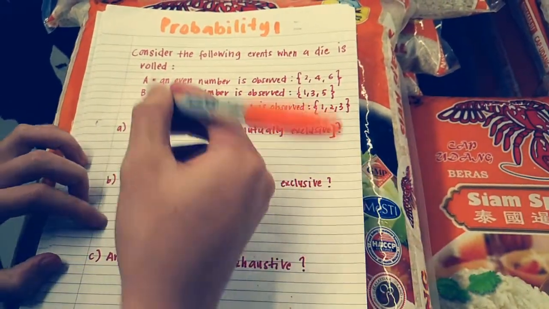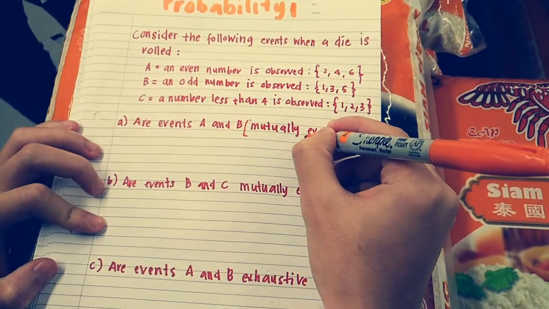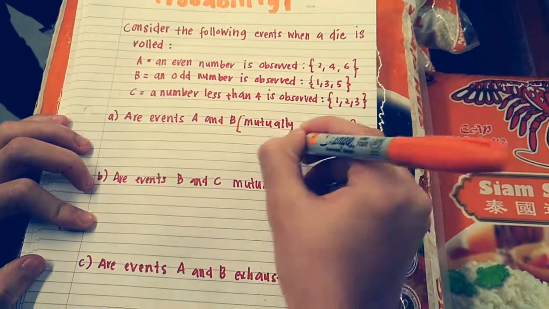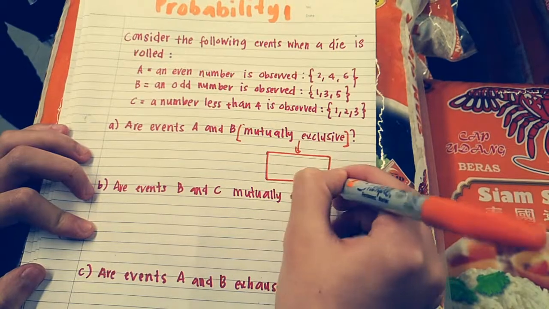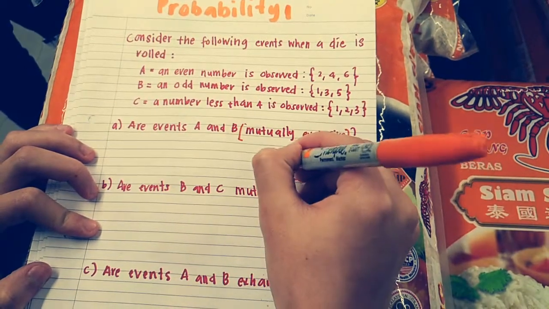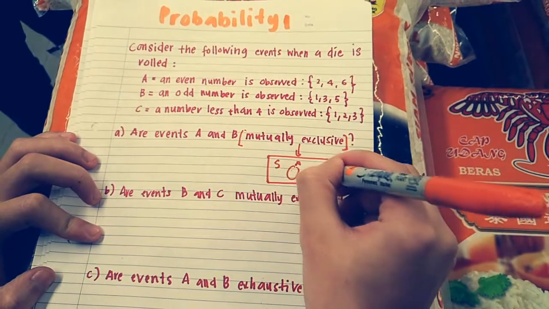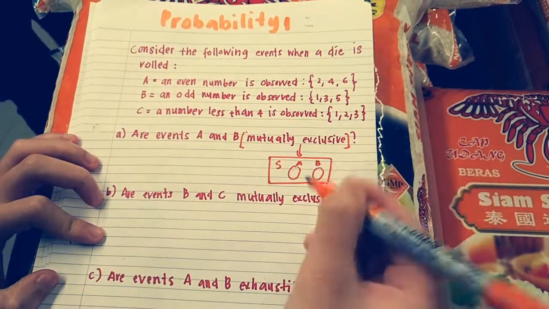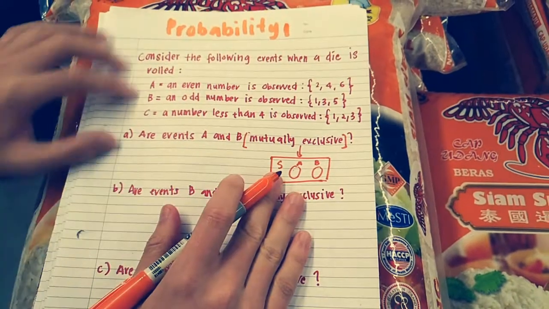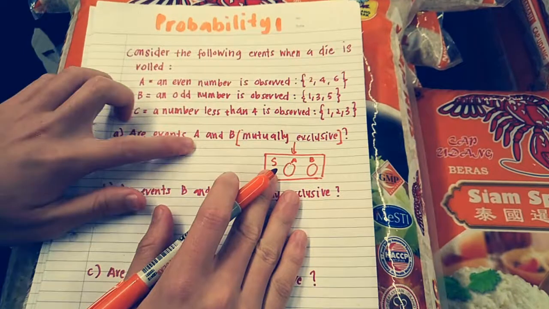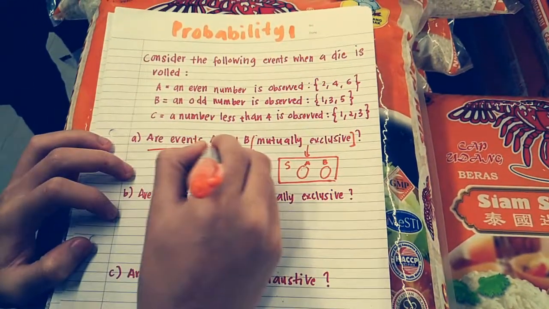First, we know this is one type of event, mutually exclusive. This is for example A and B. So we need to apply this example to this question. Are events A and B mutually exclusive? This is our simple step.